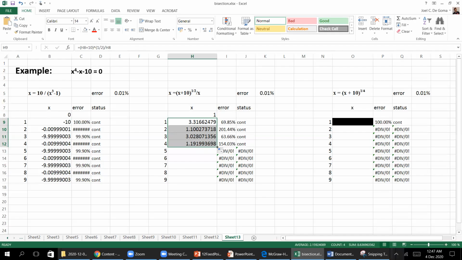So just continue. The values are converging between these two values, the 1 and the 3.